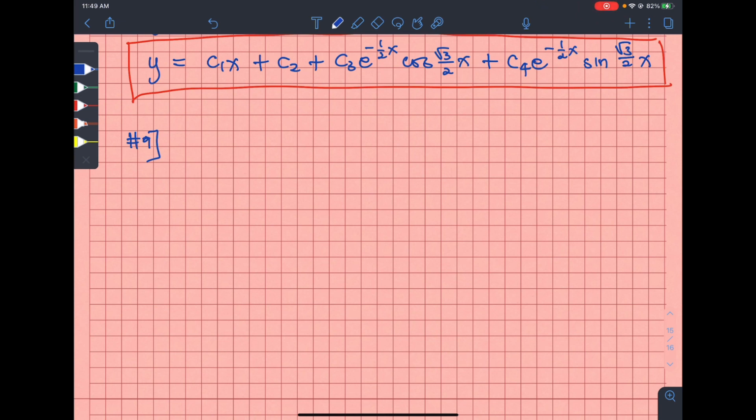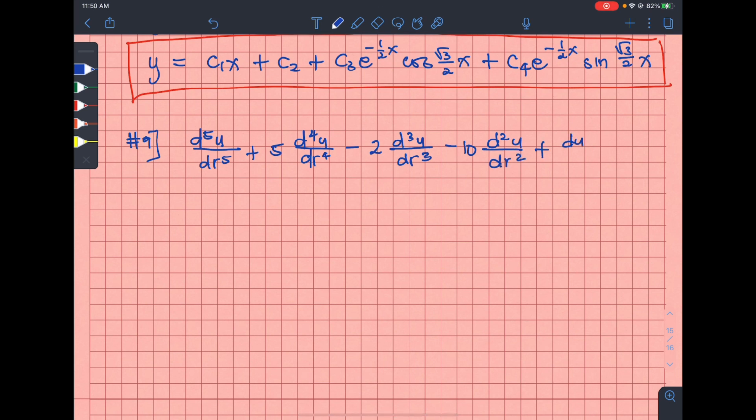So we have d to the fifth derivative of u with respect to r plus 5 fourth derivative of u with respect to r and minus 2 third derivative of u with respect to r minus 10 second derivative of u with respect to r plus the first derivative of u with respect to r plus 5u is equals to 0.